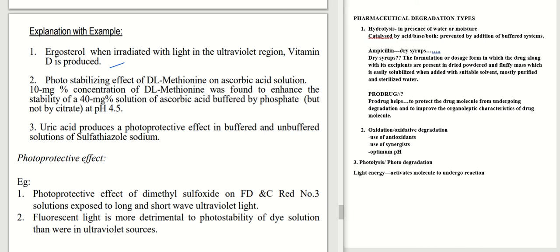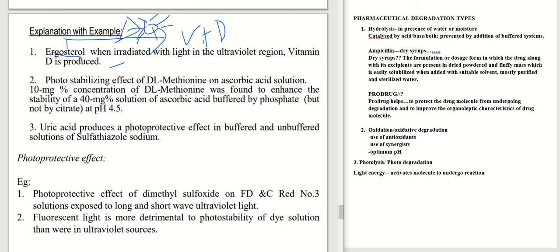The ergosterol present inside the body, when it is exposed to sunlight, vitamin D will be produced inside the body. It is not exactly from the sunlight that we'll be getting the vitamin D. It's not like that. So it actually acts like a catalyst. This is a precursor. The sunlight acts like a catalyst, and vitamin D will be produced.